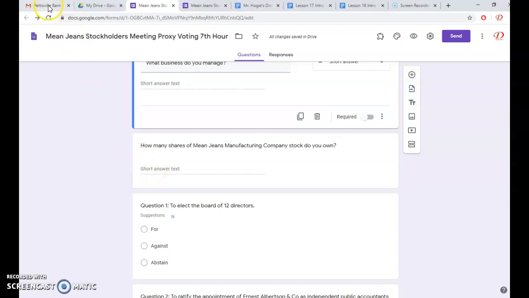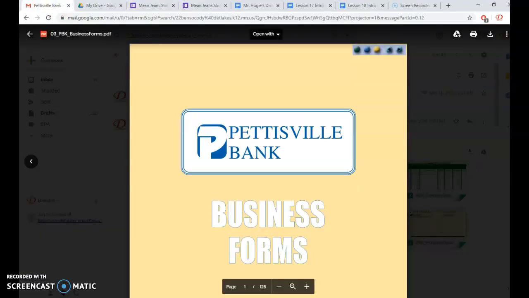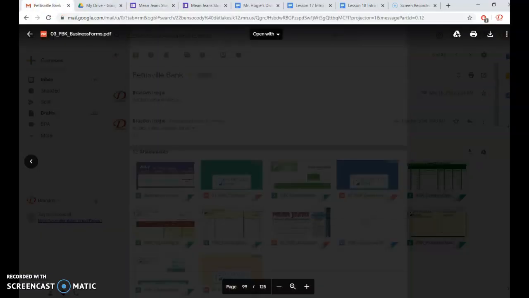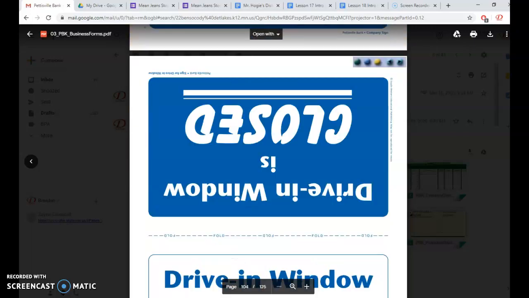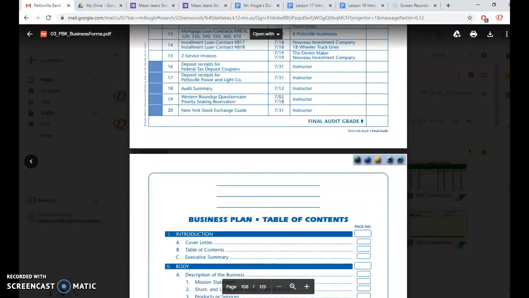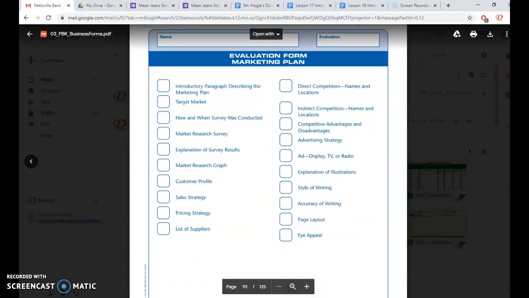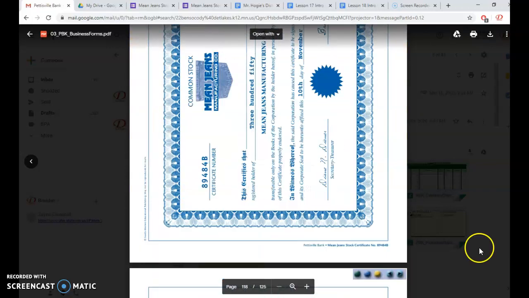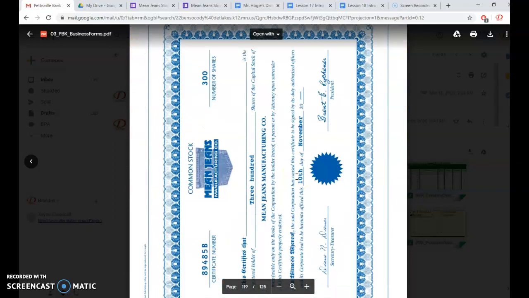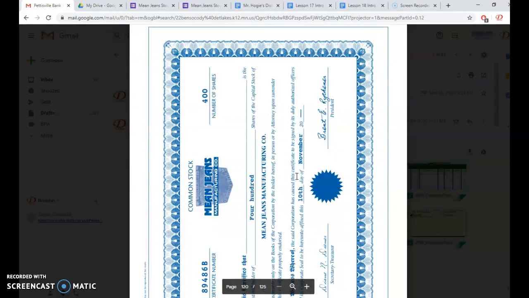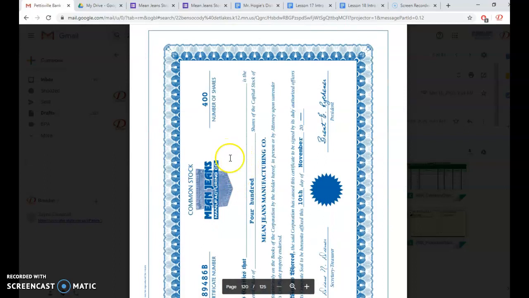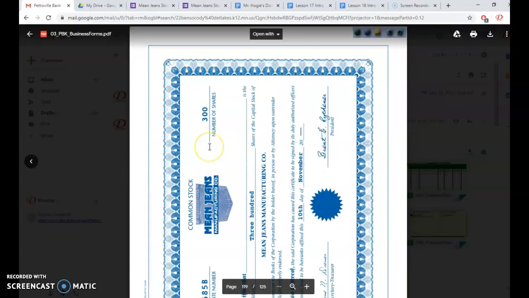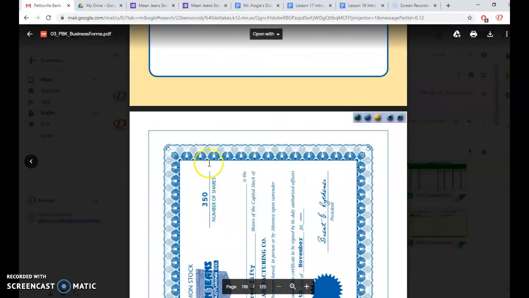So you'll notice that some businesses have more than one stock certificate. If you did what you were supposed to in the last class, you know how many shares your company has. But you don't know how many you exactly have unless you talk to your partner and say, I have this many, you have this many. So, for example, I'm going to look at the Pedestal Bank here. They've got 400, 300, and 350.